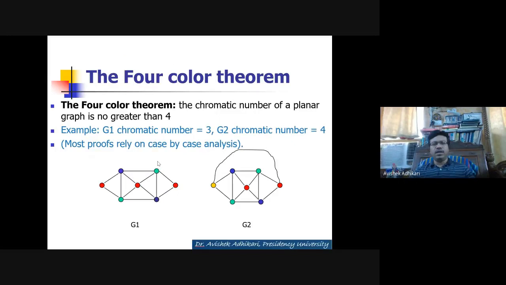A very interesting problem and theorem, though the proof is out of our scope. It is the four color theorem. It says that the chromatic number of a planar graph is no more than 4.